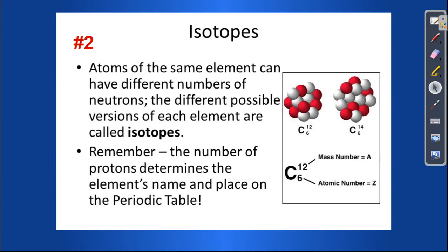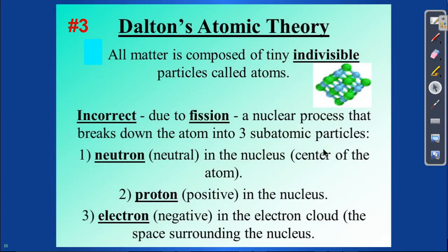There are different kinds of isotopes. They're all carbon, but they have different numbers of neutrons, making one heavier than the other. There are different versions of the same element. It's like having twins, but one is heavier than the other. So know that difference there.